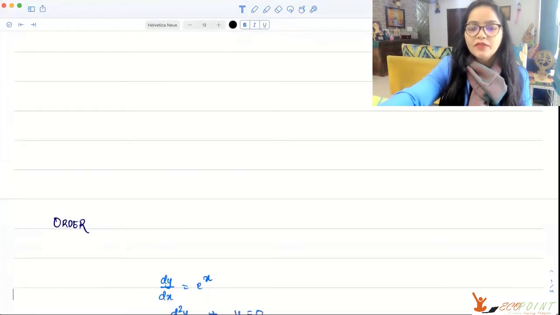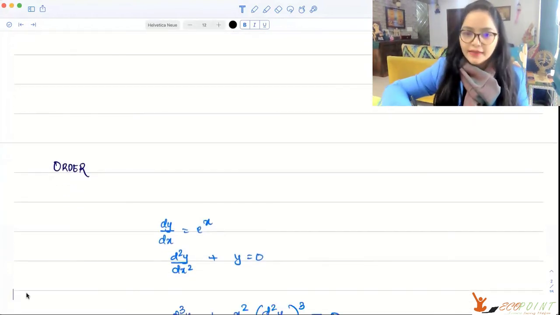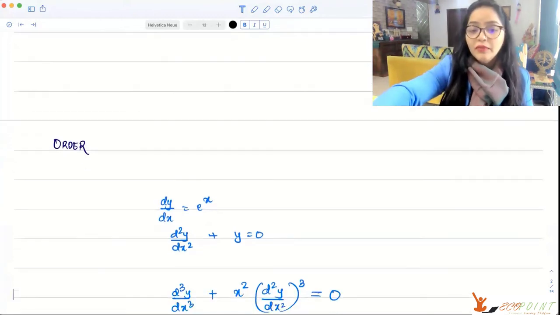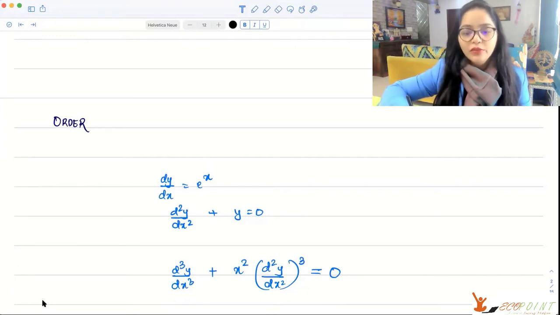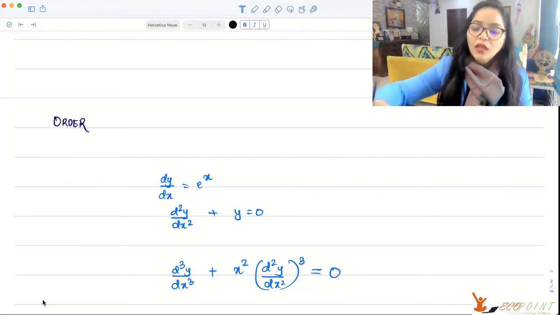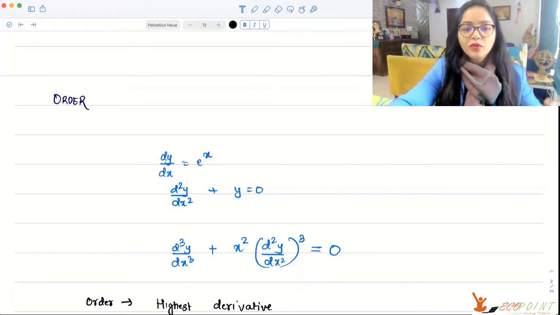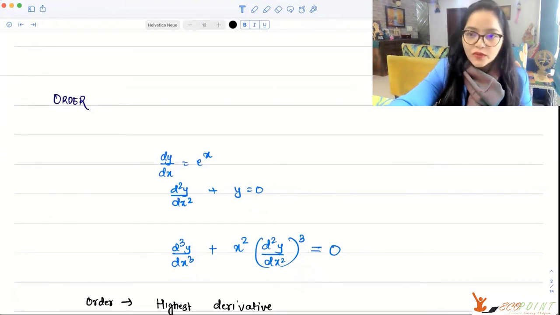Suppose you have dy by dx equals to e to the power x, or you have d square y upon dx square plus y equals to 0. Or maybe you have d cube y upon dx cube plus x square d square y upon dx square whole cube equals to 0. Now, the question is, what is the order of these differential equations?